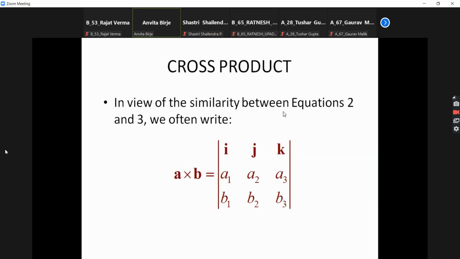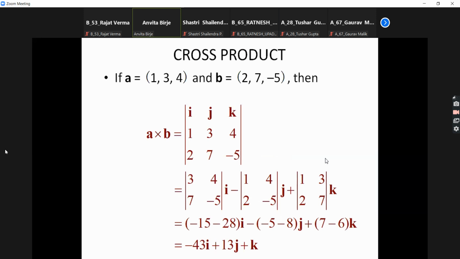So let me tell you how to calculate this. Let's take an example. A has these coordinates, coefficients 1, 3, and -4, and B has coordinates 2, 7, and -5. So let us calculate A bar cross B bar.